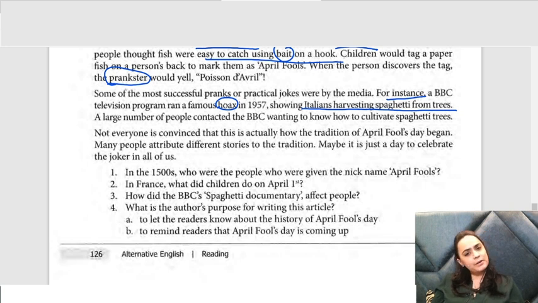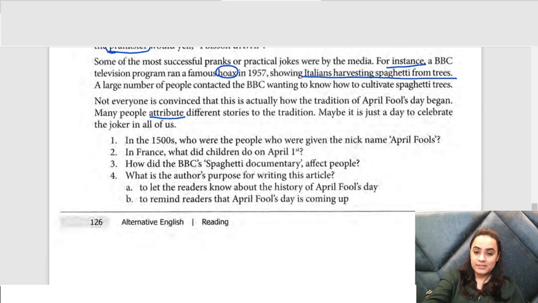Every person has a different story in connection to April Fool's Day. And maybe it is just a day to celebrate the Joker in all of us. The writer says maybe this day is celebrated to remind each one of us that the Joker inside us should never die. So, the writer has told us about some facts on how and why April Fool's Day began.